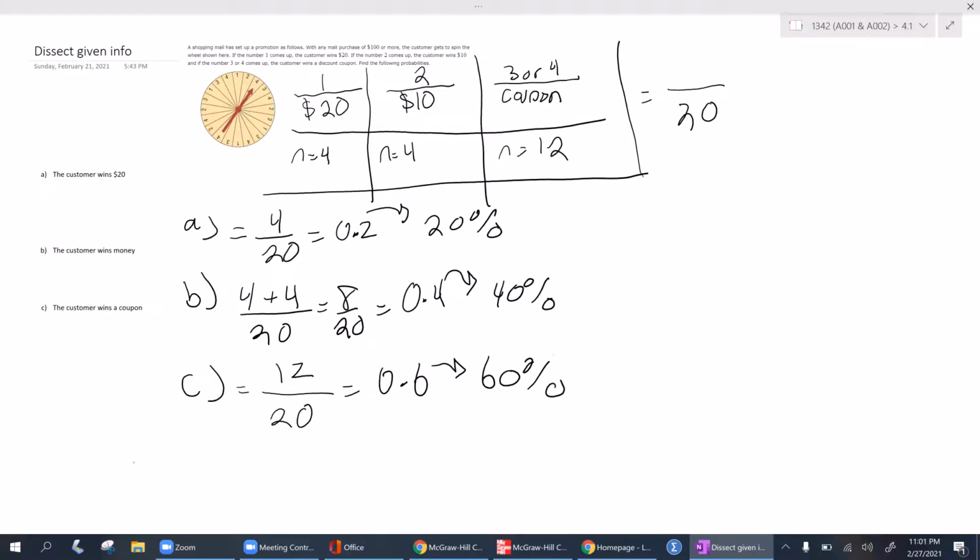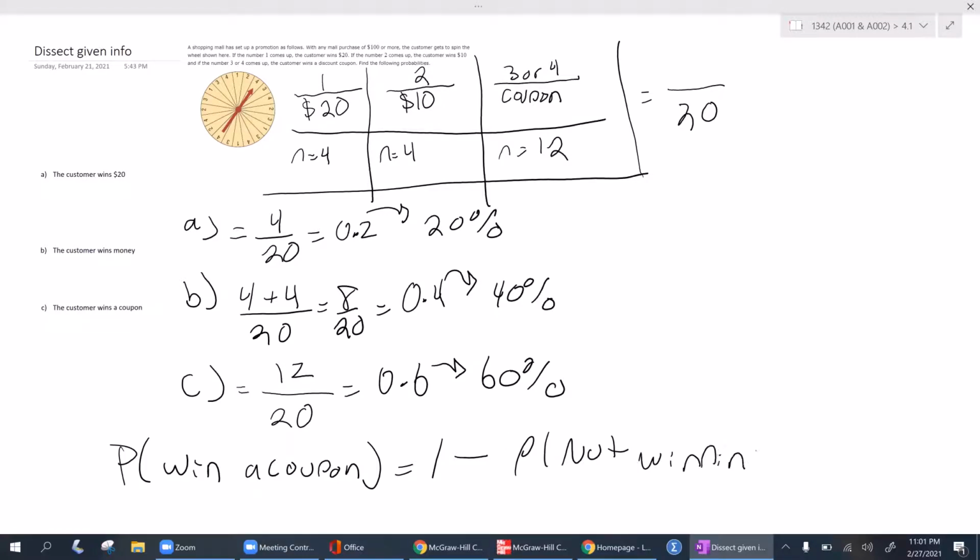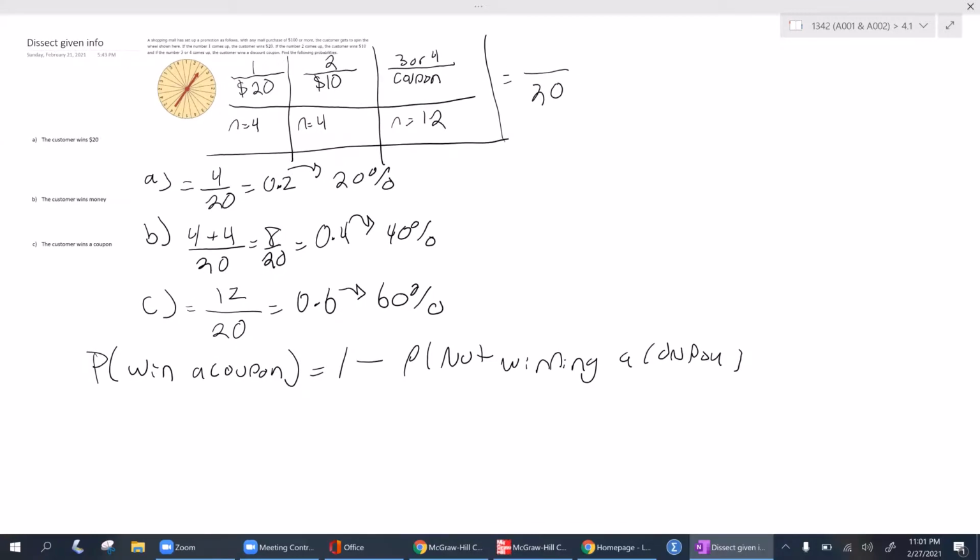And we know that the probability of winning a coupon can also be written as 1 minus the probability of not winning a coupon. What does not winning a coupon mean?